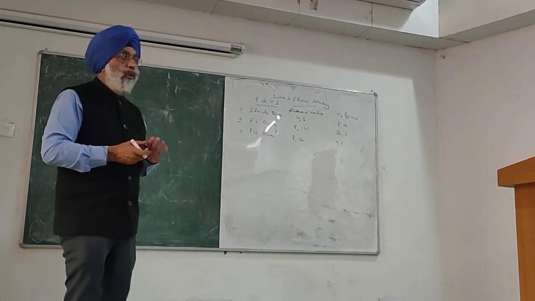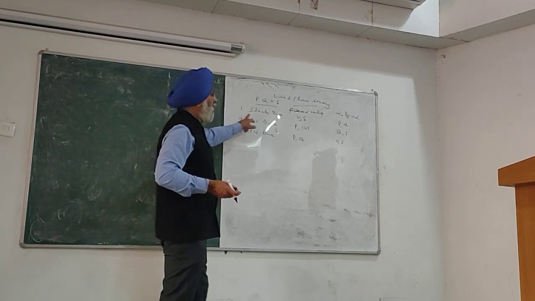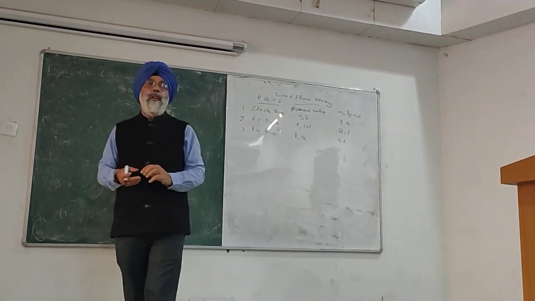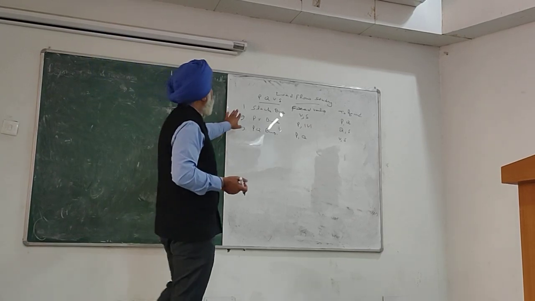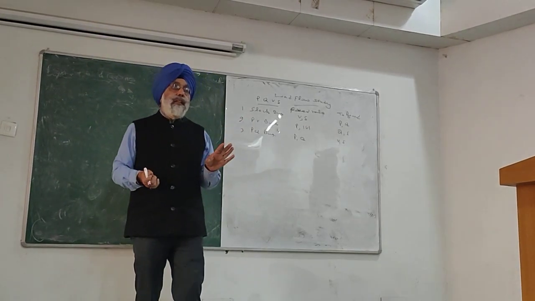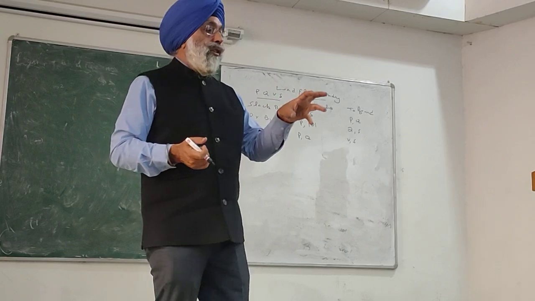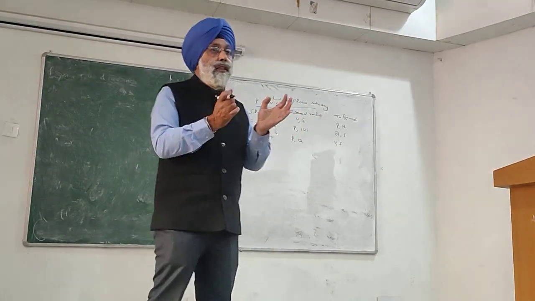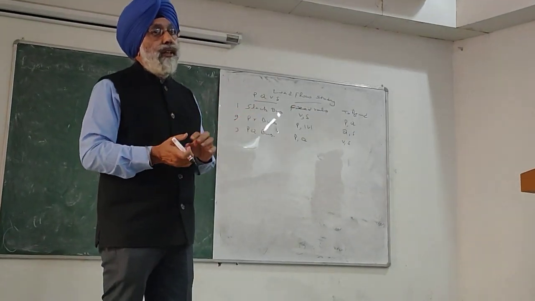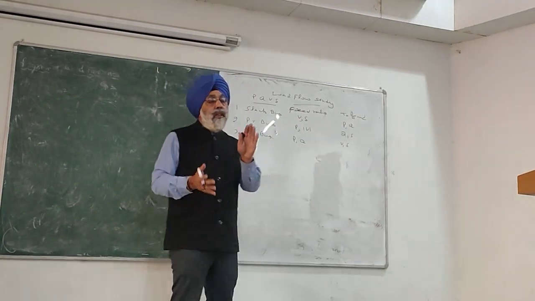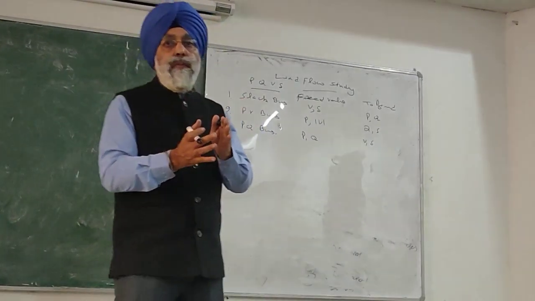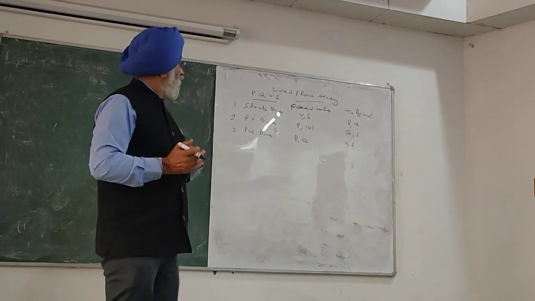So in order to meet those losses, we keep one bus, and that bus is known as the slack bus. Mostly this is the generator bus. At the slack bus, the generator is connected, and we keep the largest generator as the slack generator in the system, in order to meet the losses, or the variable requirement of the system.